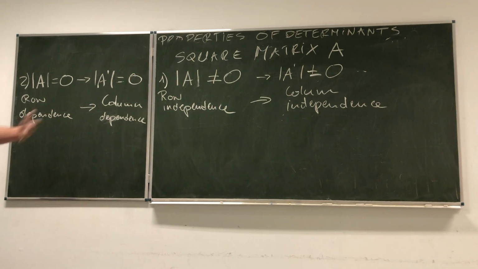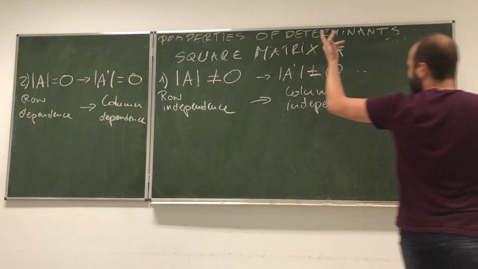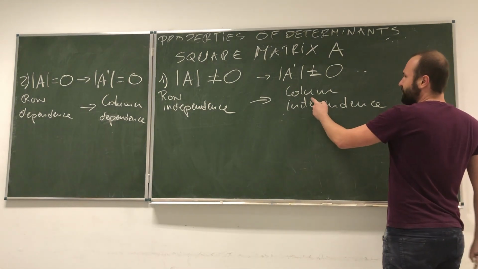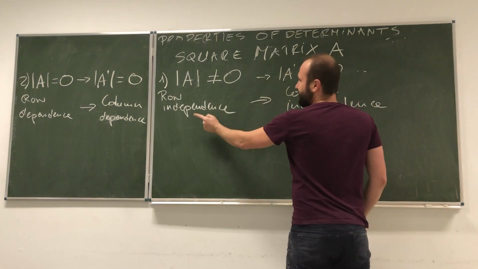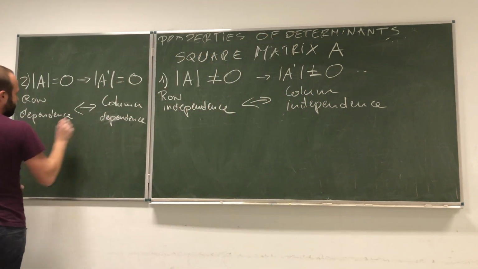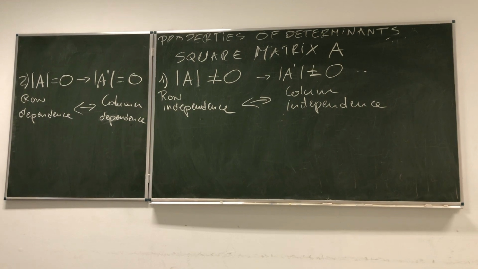But look, I could again transpose this determinant, and I would get the result that from column independence I could get to row independence, and the same from column dependence I could get row dependence.